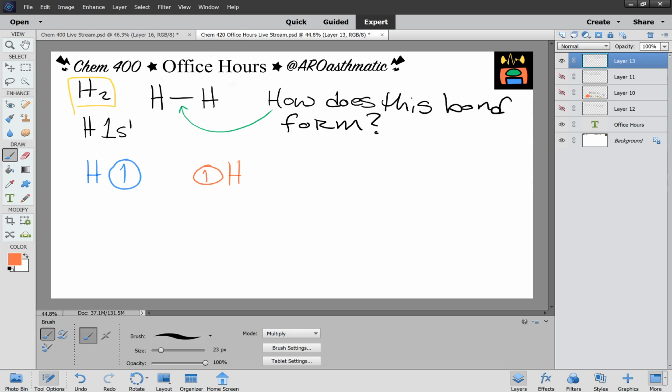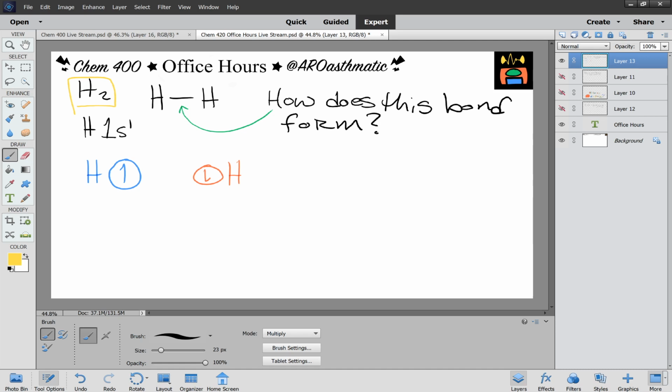Absolutely. We each have an individual hydrogen atom that has one electron sitting in its s orbital. And like you said, they're each looking for another electron.